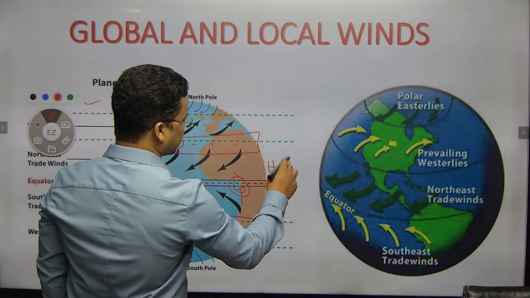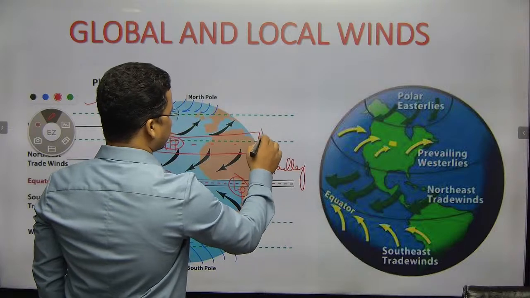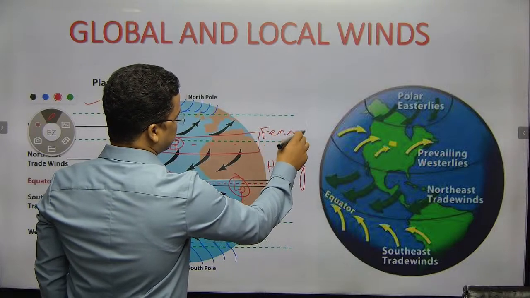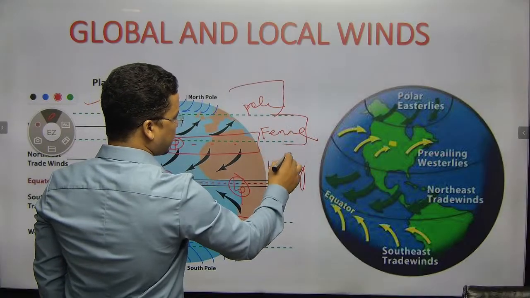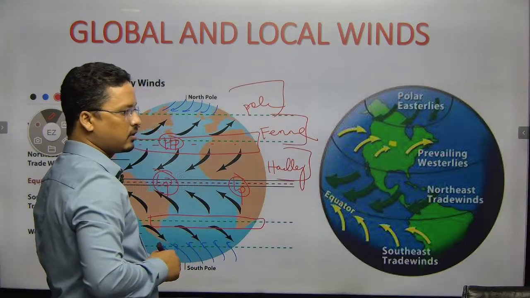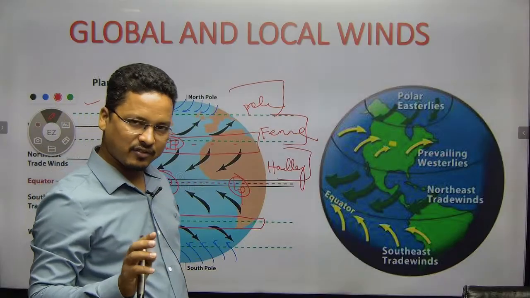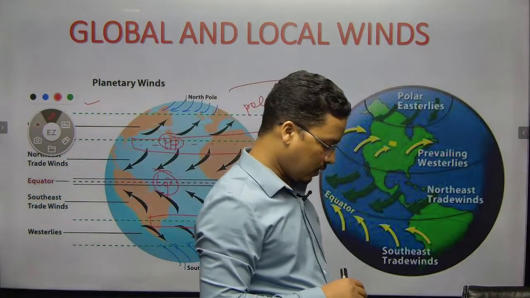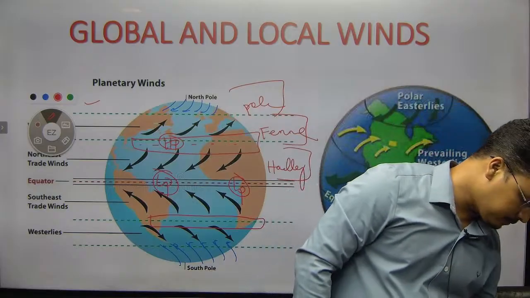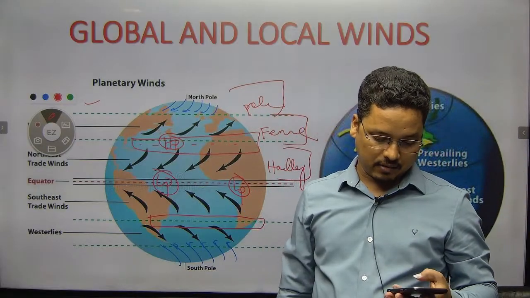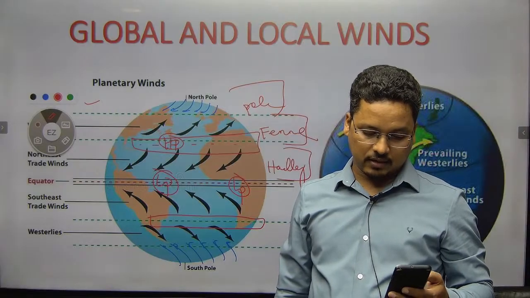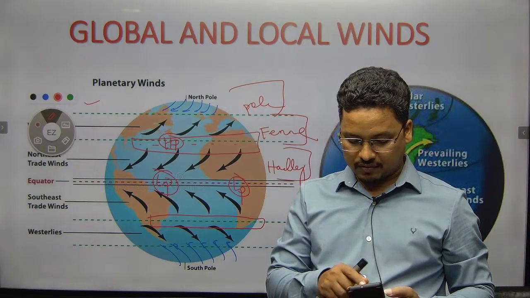Hadley cell, Ferrel cell, polar cell, right? So cells are there. These cells are very much necessary for the development of different winds.